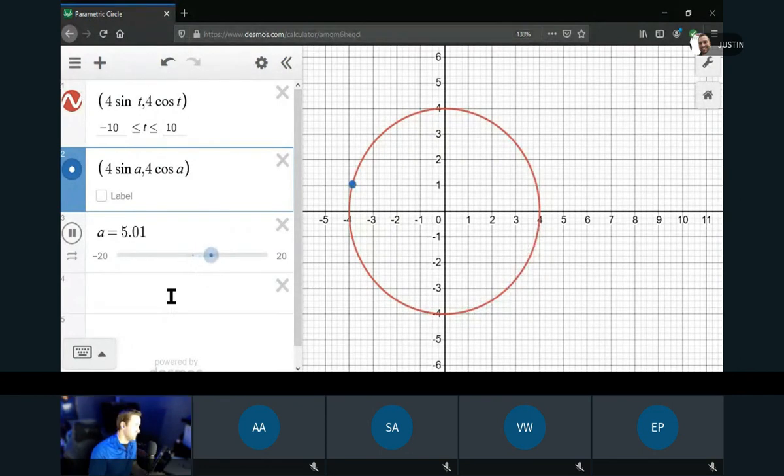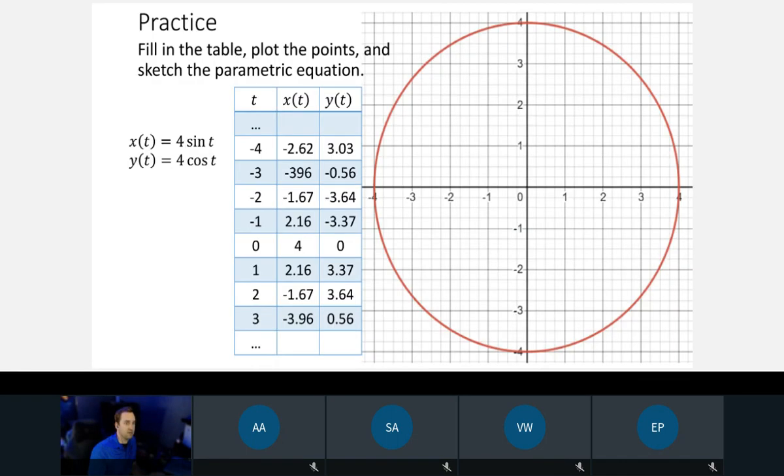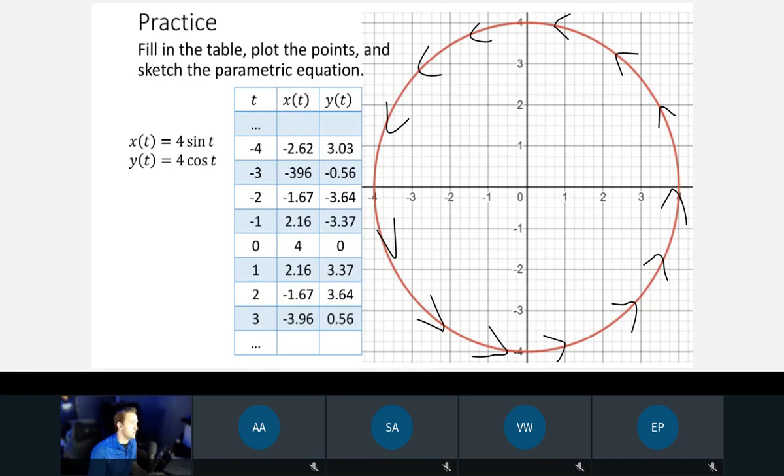So let me fix everything. All right. You know what? It's just easier for me just to rewrite these equations the way that I originally graphed it. So I'm going to do that.